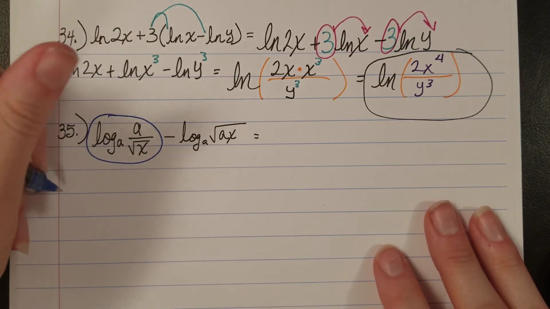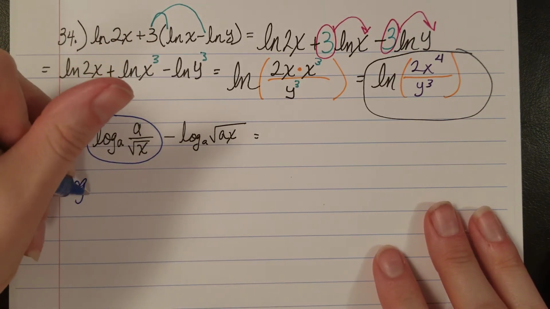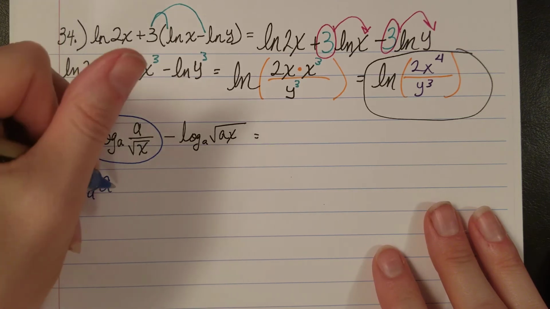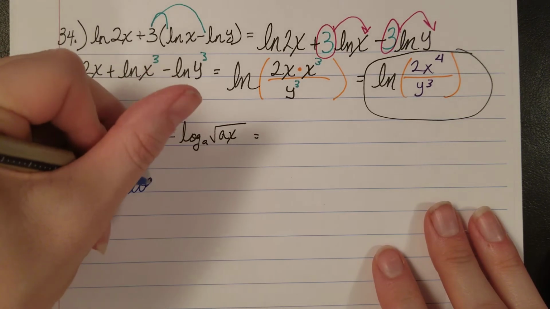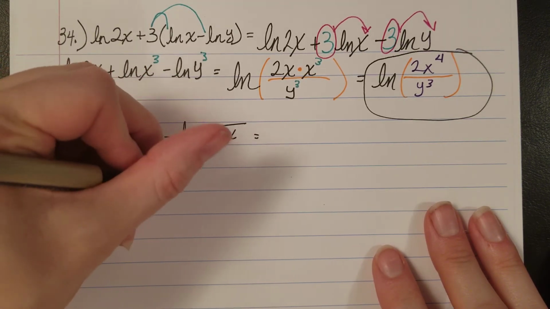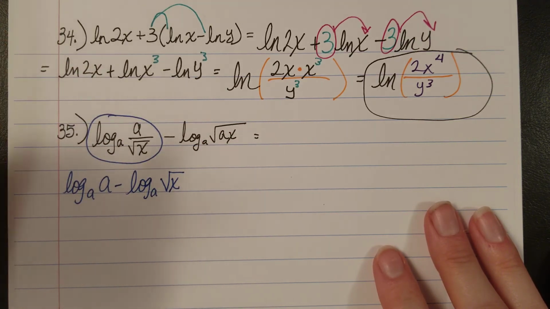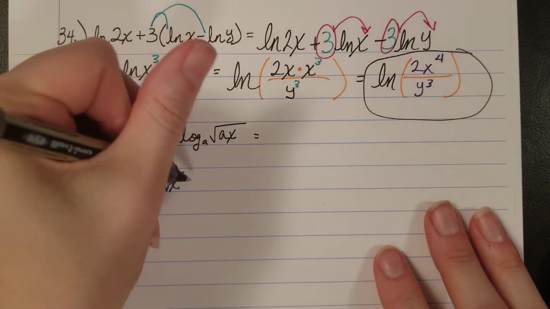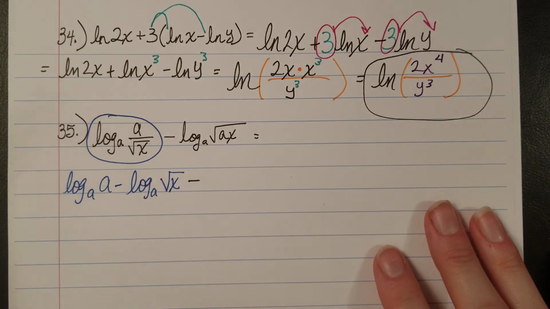All right, so I'll start with this guy. That's going to be log base a of a minus log base a of square root of x. Minus, now in this case, I need to deal with the square root.